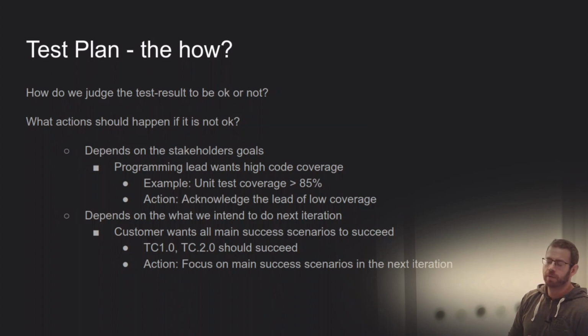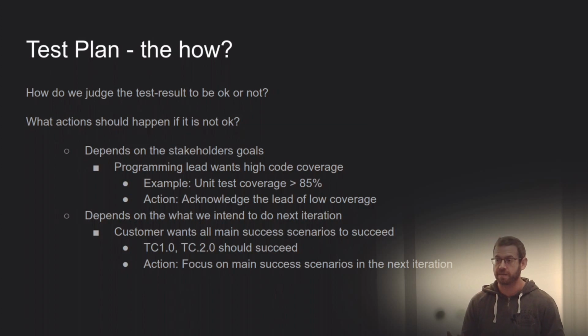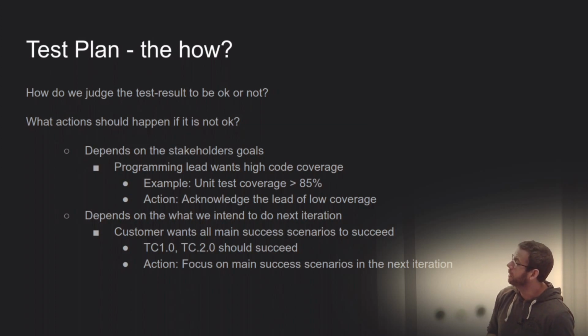So whether this is good or not depends on the stakeholder's goal. Programmers, for instance, maybe they know that if there are tests failing, they can fix that. So for them, it's not a problem if we have a unit test that is failing, because they can fix that. Instead, they want to make sure that they have high coverage. So for them, it's more important that we have high unit test coverage.